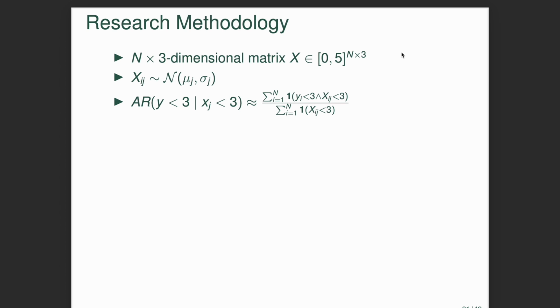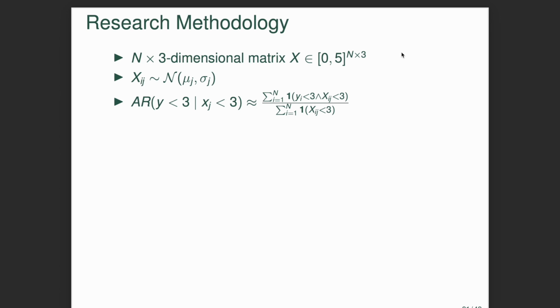We then estimate the absolute risk of failing the course, given that the student fails a particular session j. This is computed by counting the number of simulated students who fail both session j and the course, divided by the number of simulated students who fail session j.